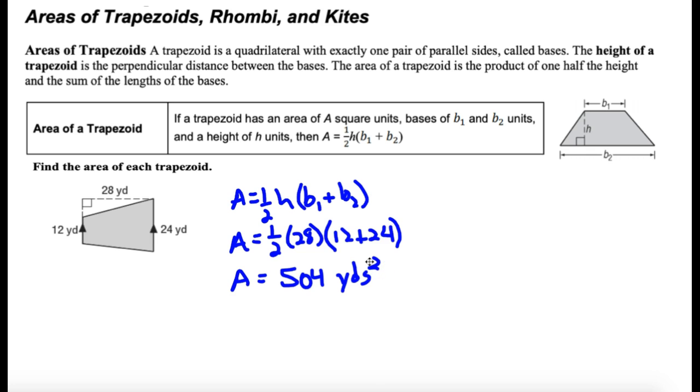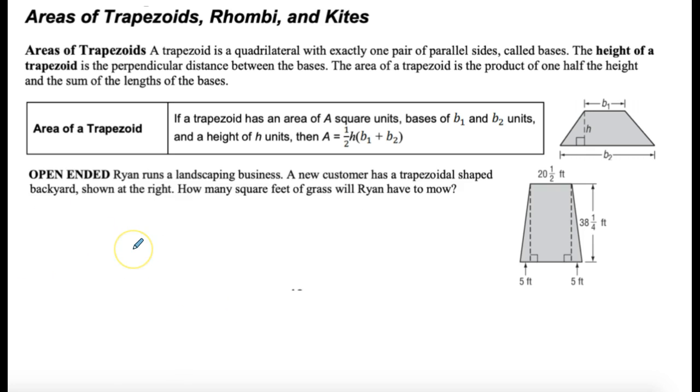Okay, so let's try a story problem with this information. Here we've got Ryan running a landscaping business, and a new customer has a trapezoidal shaped backyard. We want to figure out how many square feet of grass Ryan's going to mow. So we're given a little bit different dimensions here.